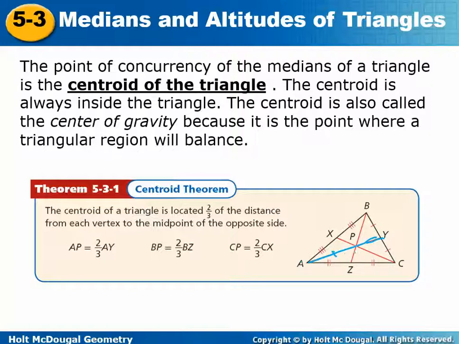If you think about this line as being in 3 equal parts, then that kind of makes sense. So here's 2 of those parts, and here's 1 of those parts. If you know that this distance is 2, then this is 2 and this is 2, so from A to P would be 4. So you can use the centroid theorem to find missing lengths of parts of the triangle.